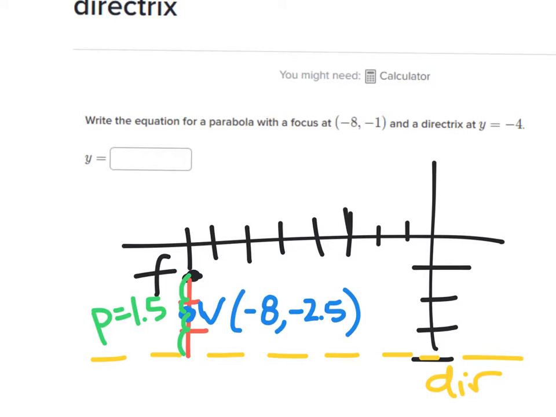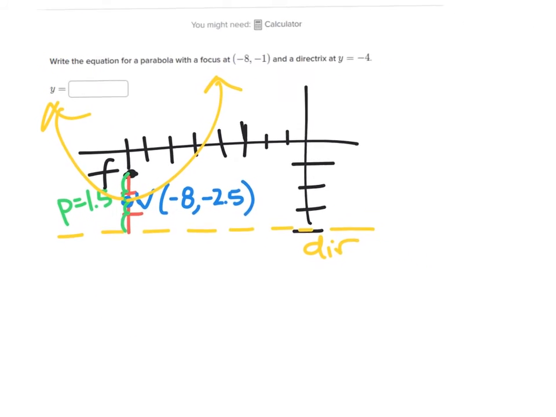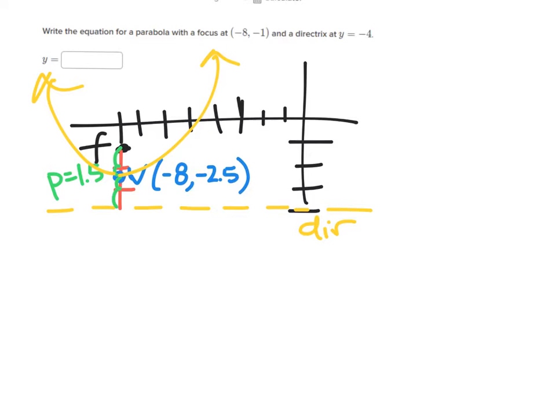So we draw it. We know the coordinates of the vertex, because the vertex is here and our focus is here, and we know the parabola is going to open upward. That's the information we need. Like we did last time, the first thing we use is the fact that the parabola is opening upward.